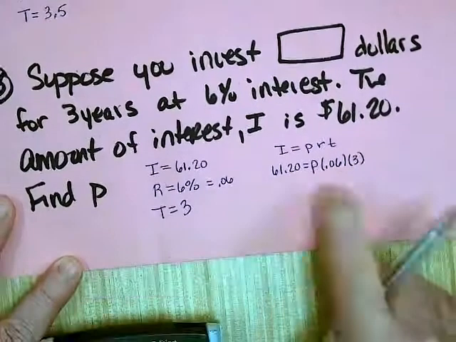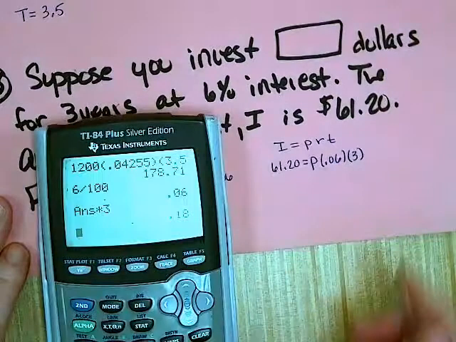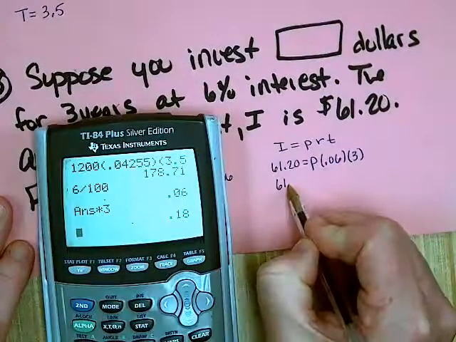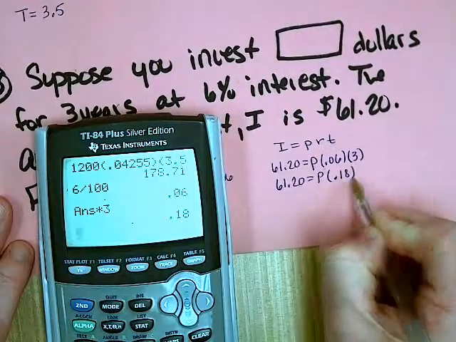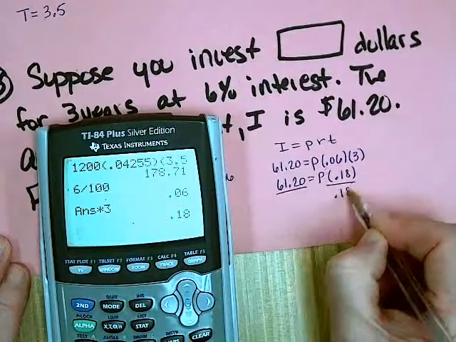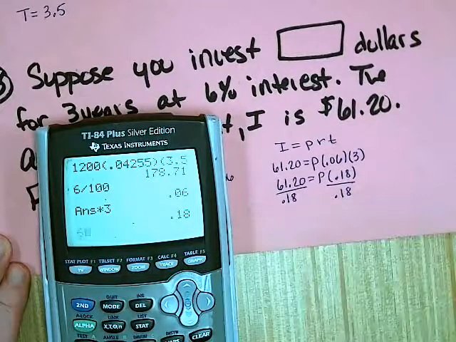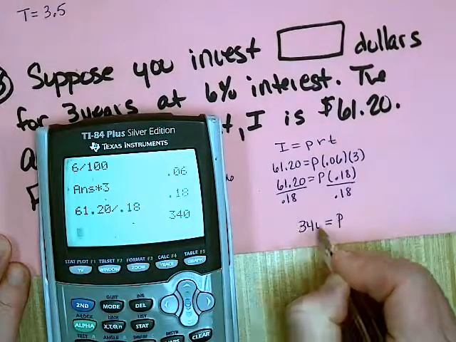So I'm going to have to multiply these 2 numbers together. 0.06 times 3 is 0.18. So 61.20 equals P times 0.18. Now to solve for P, divide both sides by 0.18, and the principal is $340.